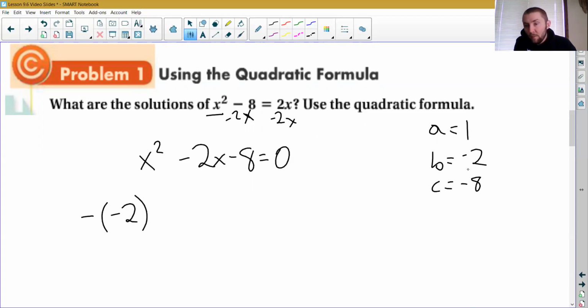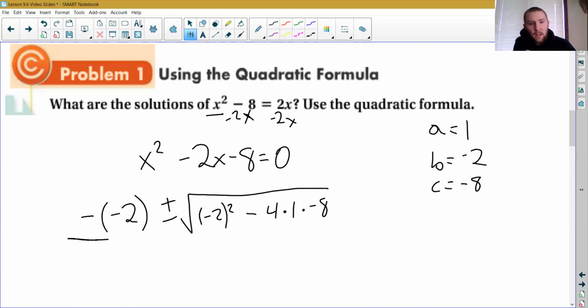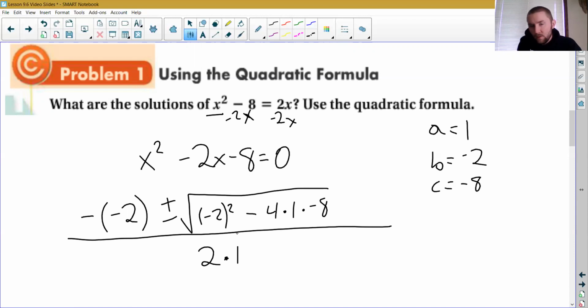Negative B value, and the B value is already negative, so in a second that'll flip to positive, plus or minus the square root of -2 squared minus 4 times A, which is 1, so that's not going to do anything, times C, which is -8. Okay, and once I do all of that math, I'm going to divide the whole thing by 2 times my A value. 2 times 1, that's just dividing by 2.